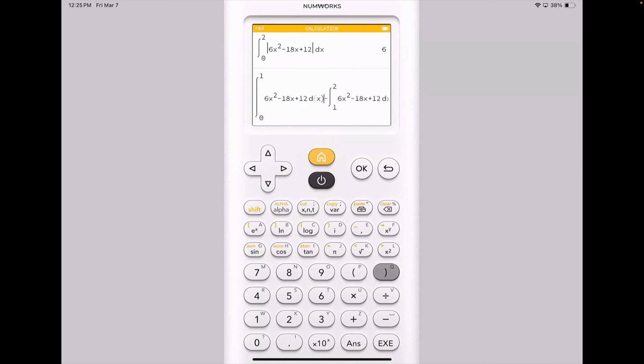No, I don't think I need parentheses, though. Wouldn't hurt, but I don't think I need parentheses. Let's see. I don't know why it's giving me syntax error. I'm not sure why. It shouldn't, but I have a feeling it has to do something with this first guy.